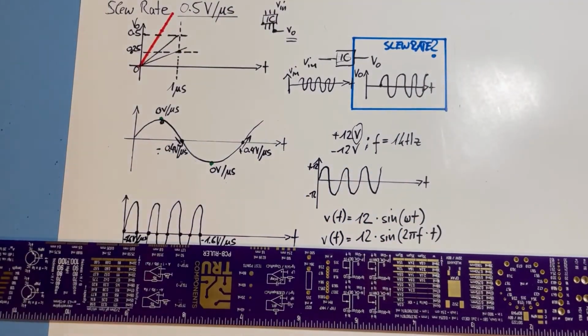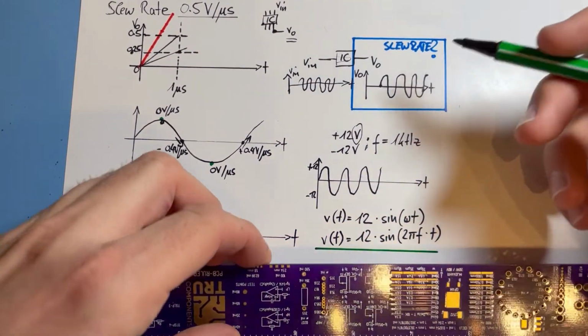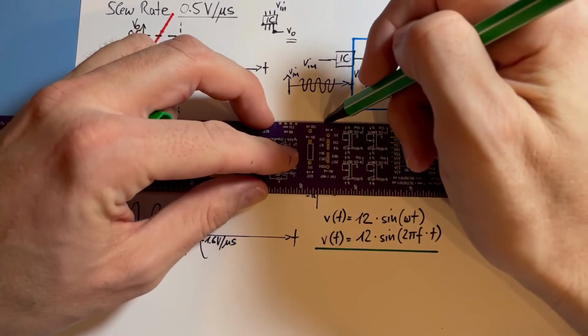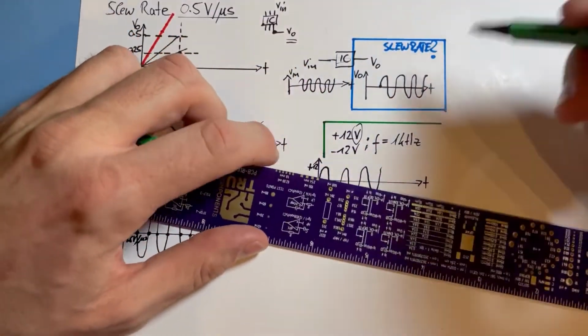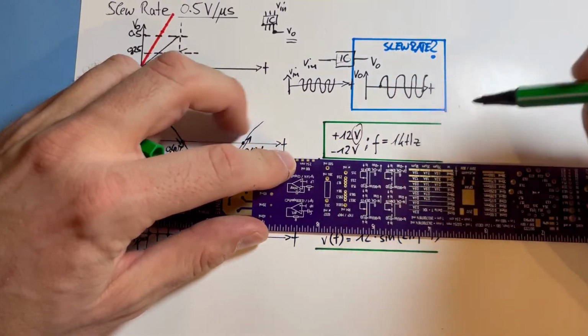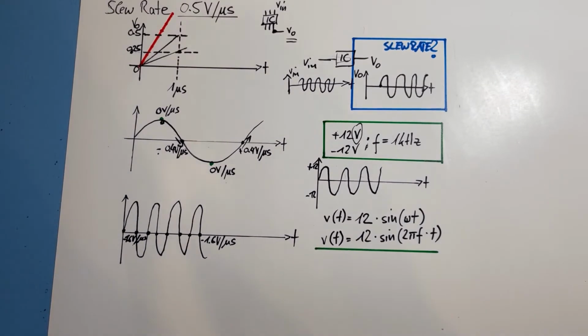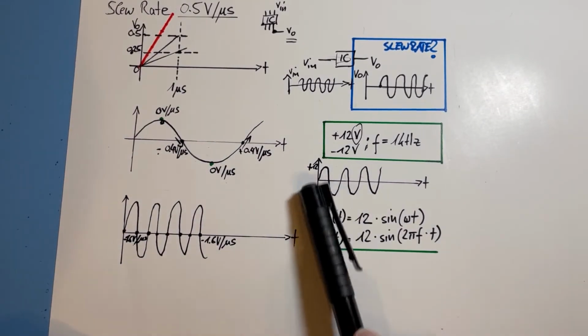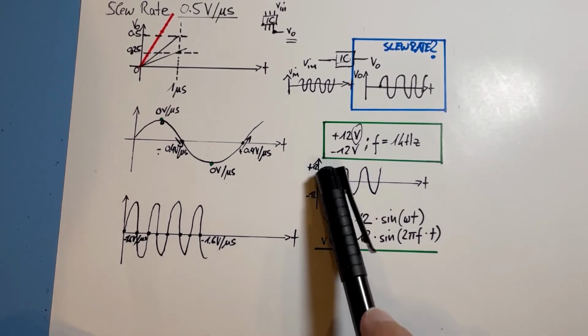So let's make that green. This one describes this situation here. And now the cool thing is, we do not want to have the curve itself, which is this equation, but we want to have the change of the curve in every point.